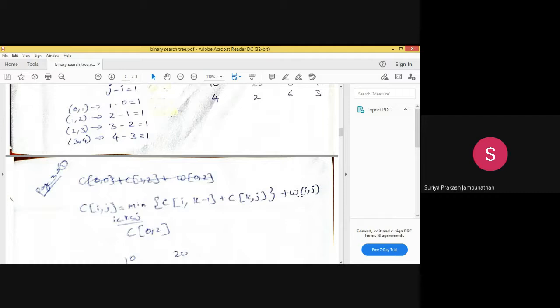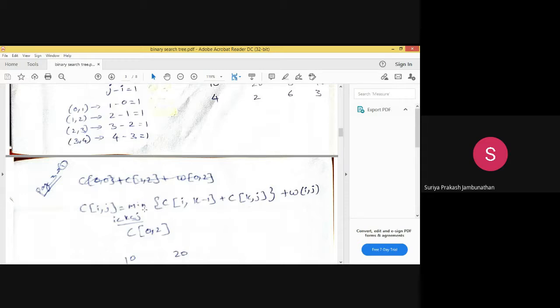W of ij is the sum of the entire frequency you are calculating, and the k value is the value we are identifying, that is, j minus i. So every time the value will change according to the position. First time it will be 1, second time it will be 2, like that it will change. When we go to the problem you will understand that properly.